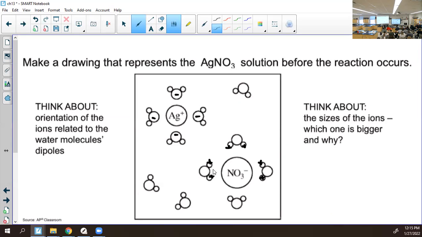So if I put M in here, now we couldn't really do the size because it could be tiny lithium or it could be gigantic cesium. But with M, we would know at least one thing about it. What would I put next to it? The ears or the face? The face. All right. Because the metal will always be positive, right? It'd be attracted to the negative oxygen and so forth and so on.